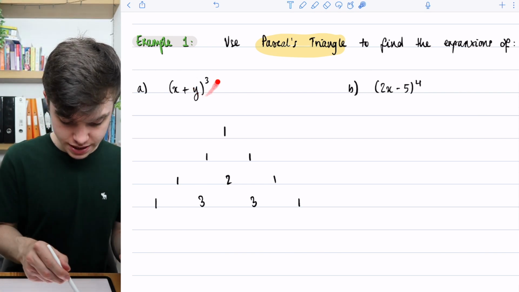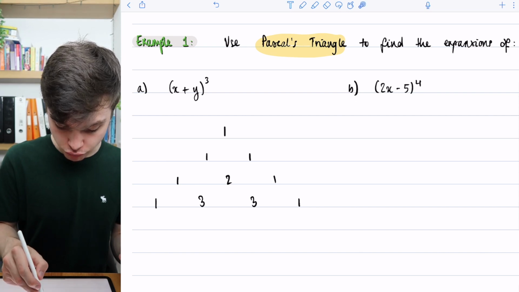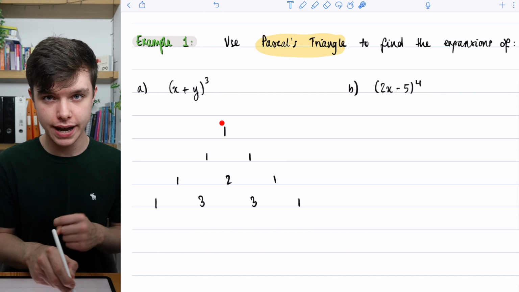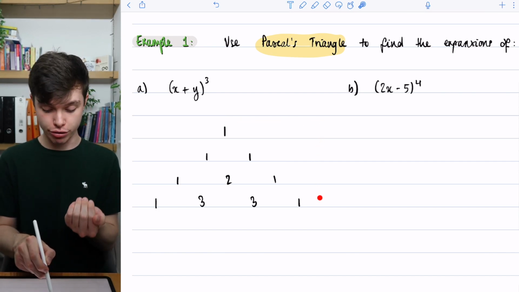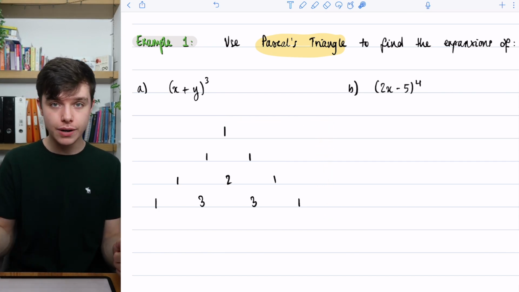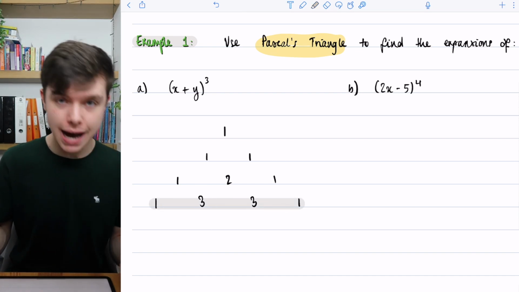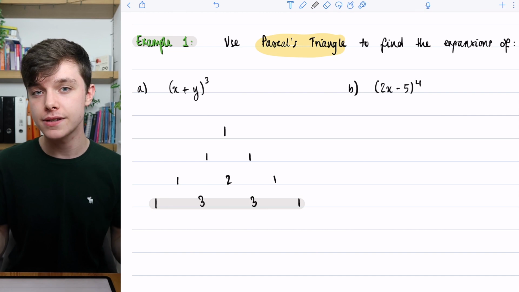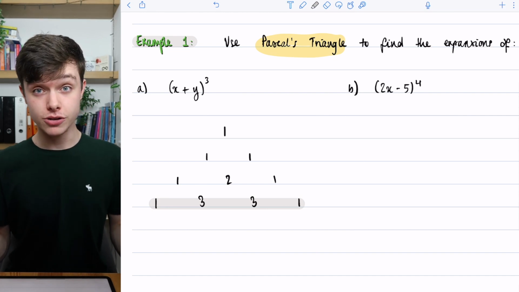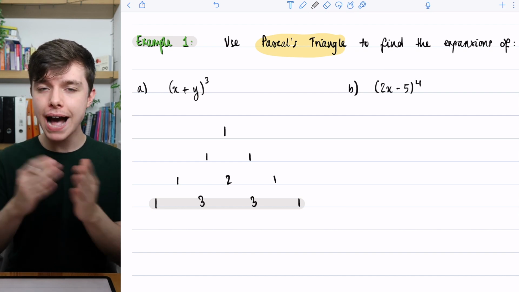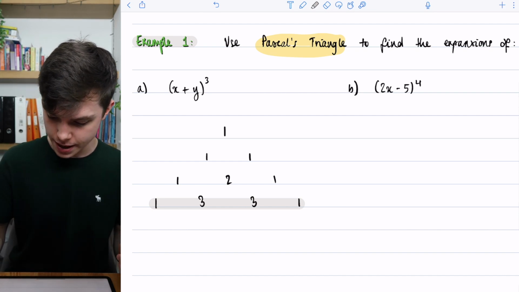We have a cubed here, so I'm going to use the 4th row if we're not considering this 1 to be row 0. Okay, if it's row 0, then it is actually row 3, but it's the 4th row down in the triangle. These are going to be my coefficients for the expansion. Now what I want to do is expand, and this is how we come up with the powers of the letters, okay?